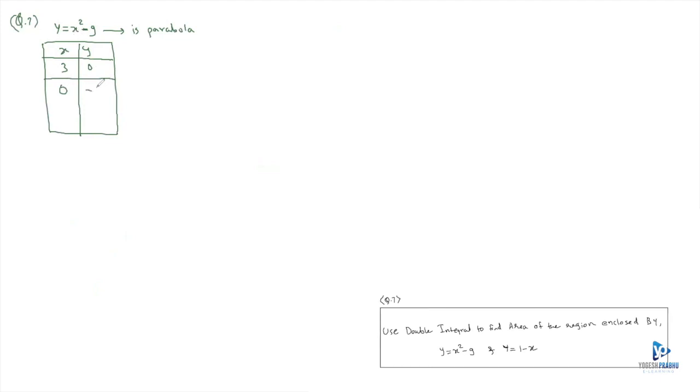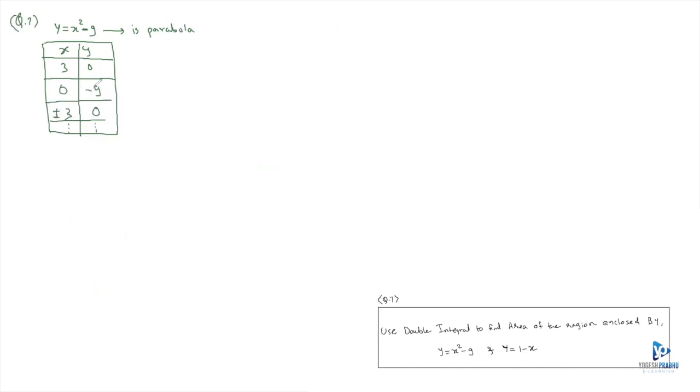It's negative 9. I'm finding the values of x and the values of y. What if y is 0? If y is 0, x squared is 9, and then x is plus or minus 3.